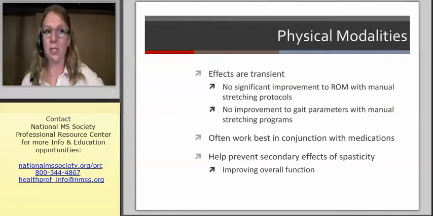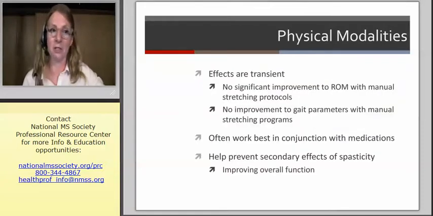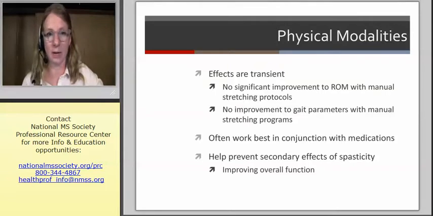Physical modalities, unfortunately, the effects of physical modalities and what we do in the clinic are pretty transient. So the studies have shown no significant improvements in range of motion with manual stretching protocols, which we kind of know already. There's no improvement in gait parameters with manual stretching programs. We've known that for quite a while as well, that stretching for 15 or 20 minutes a day just isn't enough with these patients.